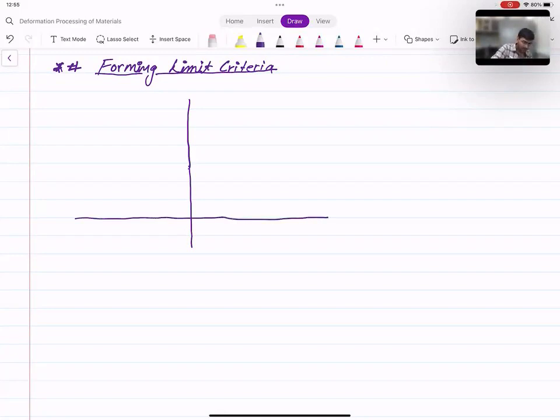This is like this. Here we plot the minor strain on the x-axis, and on the y-axis we plot the major strain.